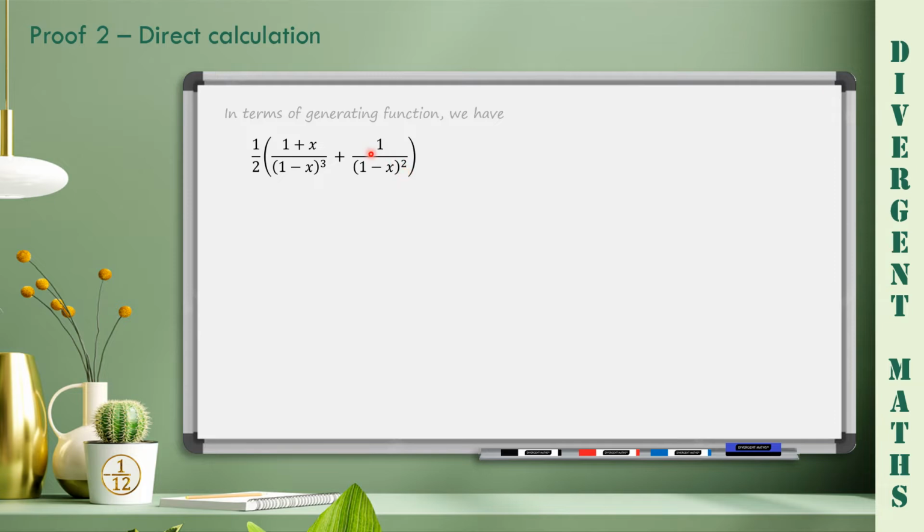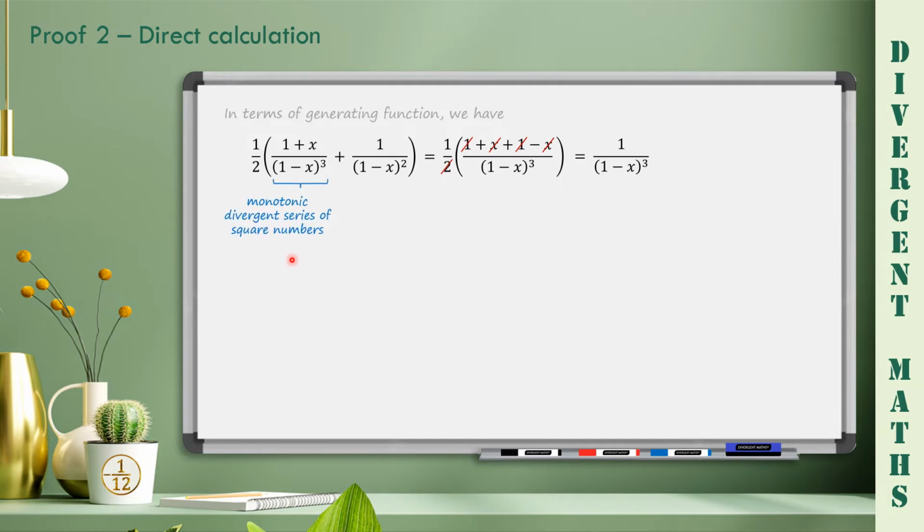So if you multiply the right-hand side fraction by 1 minus x, you will have 1 minus x cubed at the denominator, what we need, and on the numerator, we will get 1 plus x plus 1 minus x. Of course, the x's will simplify, 1 plus 1 equal 2 will simplify, and we are left with 1 over 1 minus x cubed, which we have seen in the first proof is the ordinary generating function of the monotonic divergent series of triangular numbers.